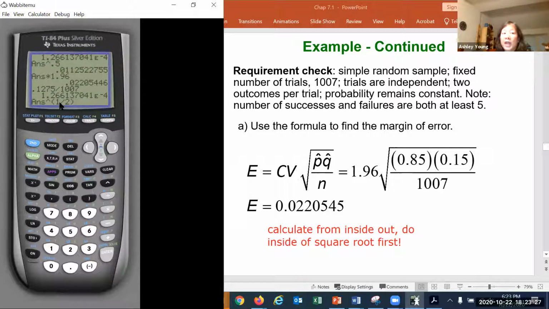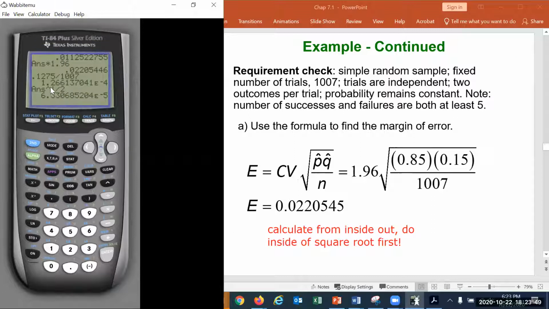So for me, if I don't put parentheses around it, I'll show you what it'll do. It just divided it by 2, which is not what I want. So if you have a fancy calculator, you can do that, or you can put parentheses around this.